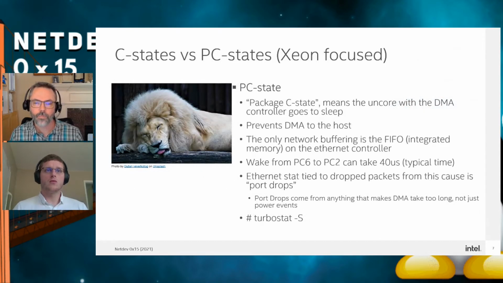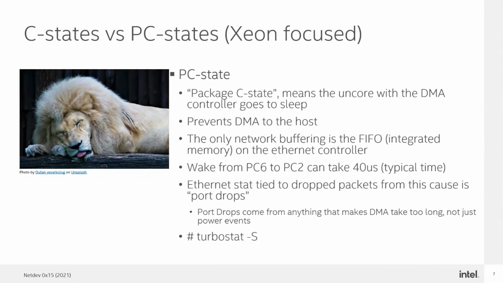Let's talk for a minute about power states on a system, so you know what we're saying when we say PC states or C states. In this case, package C states is what PC states means. It means that the uncore and the thing that controls the DMA is actually going to sleep if the system gets into a deeper sleep state than PC2.